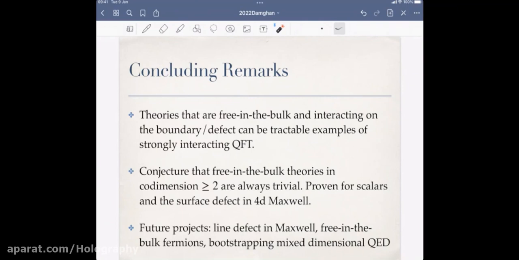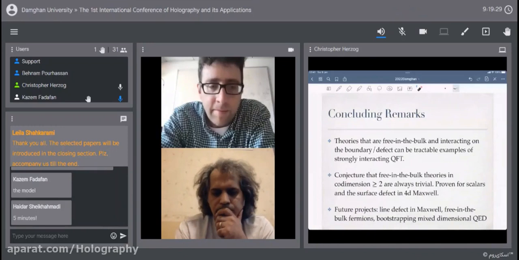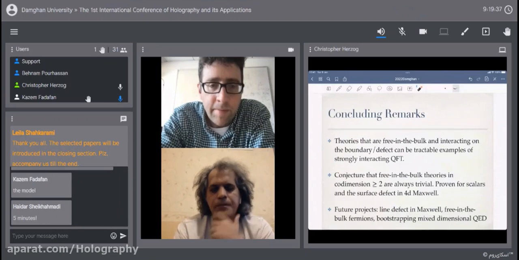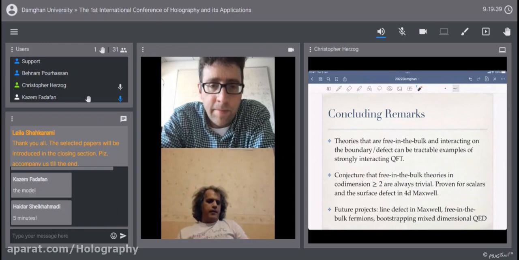Yes, thanks for your interesting talk. I asked my question in the chat actually, but at the end I wanted to know more about the transport properties of these strongly coupled fermions that are living on this defect.